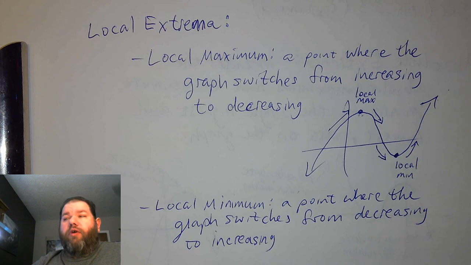Now, we may only have one absolute maximum and one absolute minimum, but it is possible, depending on what the graph looks like, that we may have more than one local maximum and more than one local minimum. Because these are just one part of the graph. These are the highest or lowest values respectively. And there may be multiple parts of the graph where this happens, depending on the shape of the graph itself.